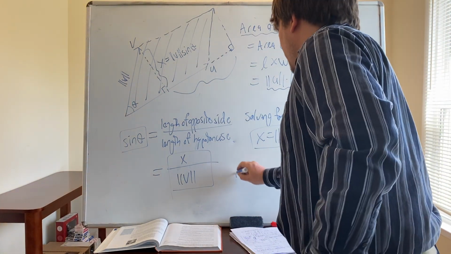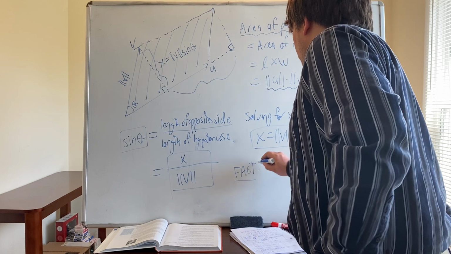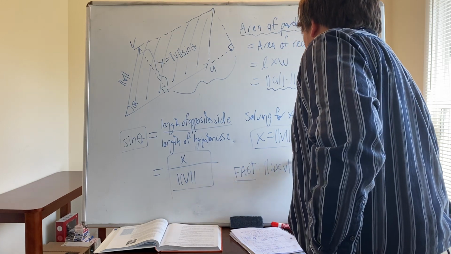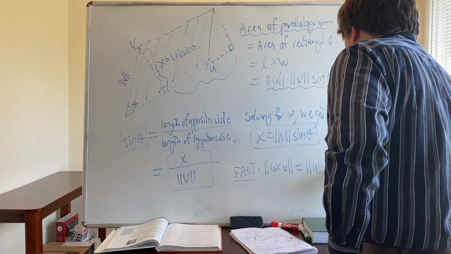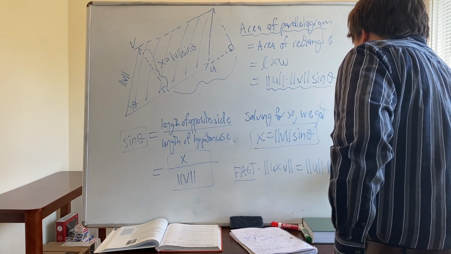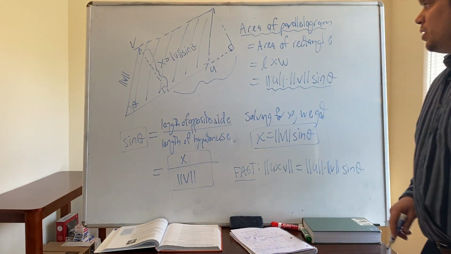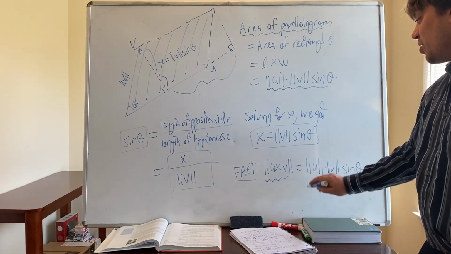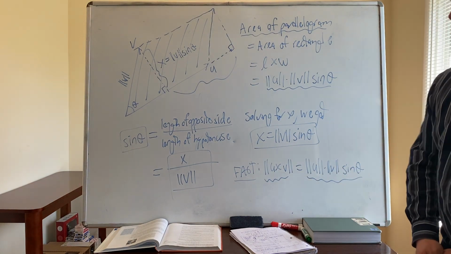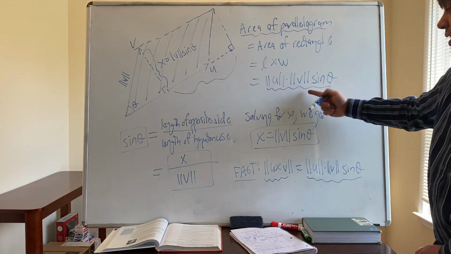And as a fact, the norm of U cross V is equal to norm of U times norm of V sine theta. Okay? So the area of the parallelogram is this. The norm of U cross V is equal to the same thing. So this is equal to that, that's equal to that.